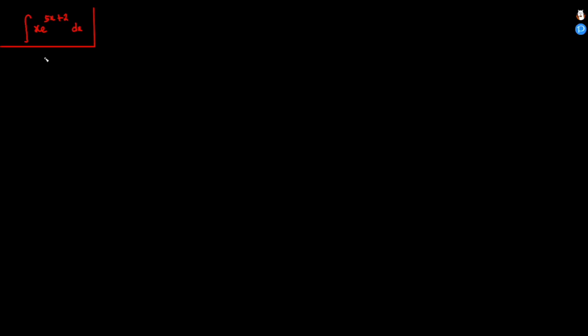Alright, so here's the integral that we have to solve. So how should we go about doing this? Well, as always, first let me quickly outline the ways we can try to attack this problem.